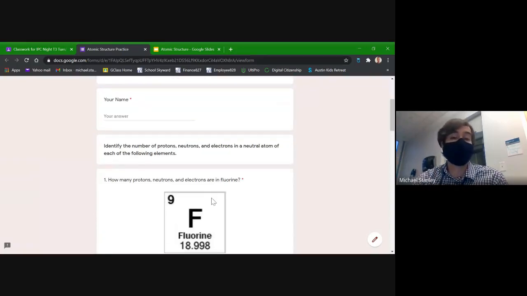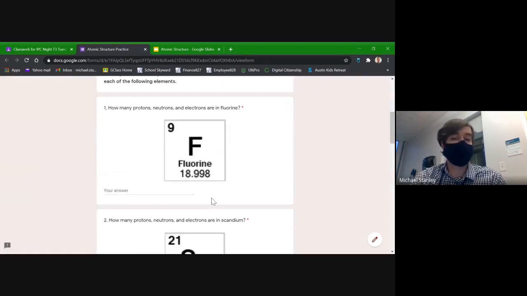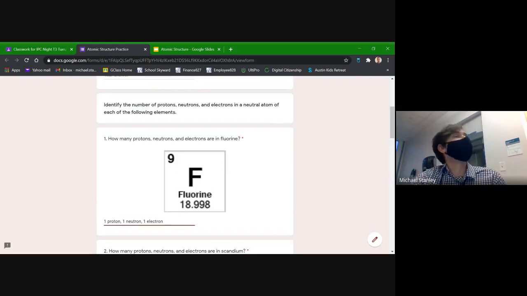So if you do the Google form version, the one thing that you have to make sure to do is that there's only one little answer box area, not 3. So when you answer all 3 parts, you just have to physically write in, like say if this was your answer, you'd say 1 proton, 1 neutron, 1 electron. So you have to make sure to write in the number of protons, neutrons, and electrons for each atom. Again, to make things easier on yourself, I would highly recommend rounding the mass number down here.